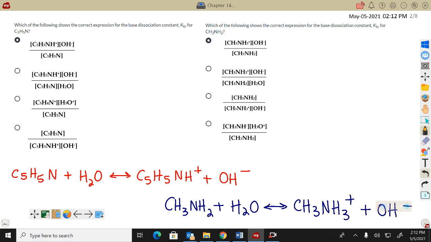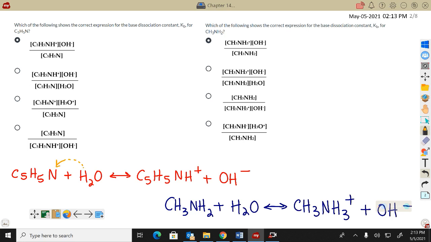And now if this is just a solution of these weak bases in water, then the hydrogen donor just becomes the water. So often nitrogen likes to act like a base. He's pretty highly electronegative. He's got an extra lone pair of electrons, so attracted to positive things like hydrogen.